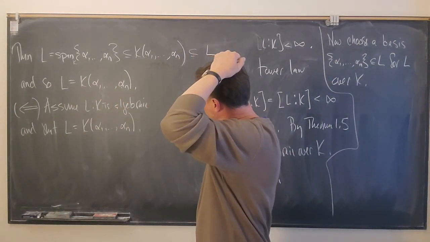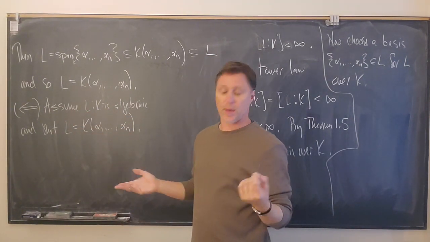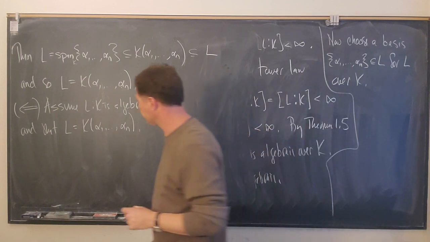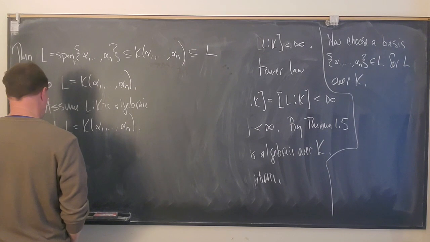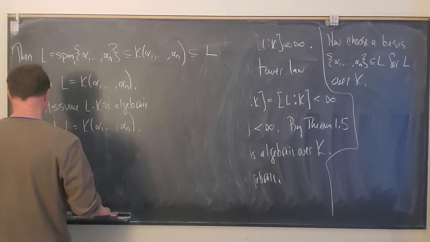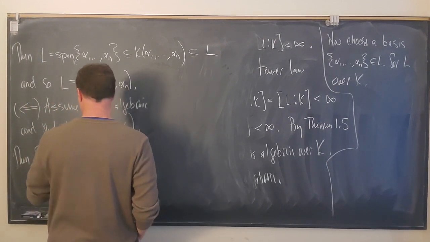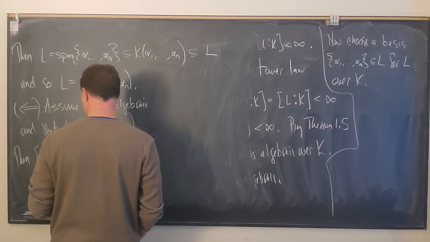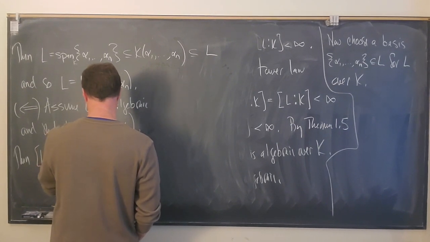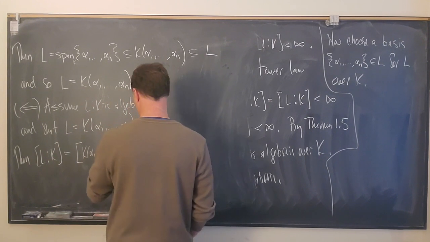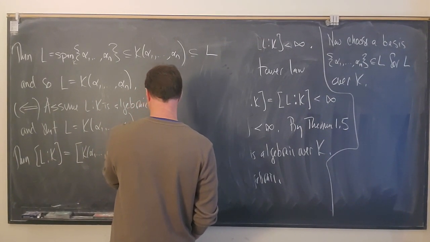Now, okay, so what do I need to do? I need to show that the degree of this extension is finite, and I can do that by hitting it with the Tower law. So then, the degree of L over K is equal to the degree of K adjoin alpha 1 up through alpha n over K adjoin alpha 1 up through alpha sub n minus 1, right?